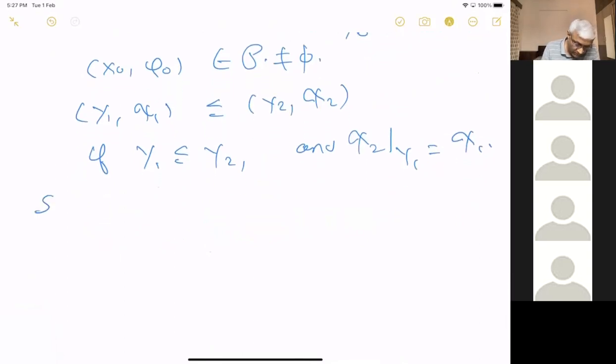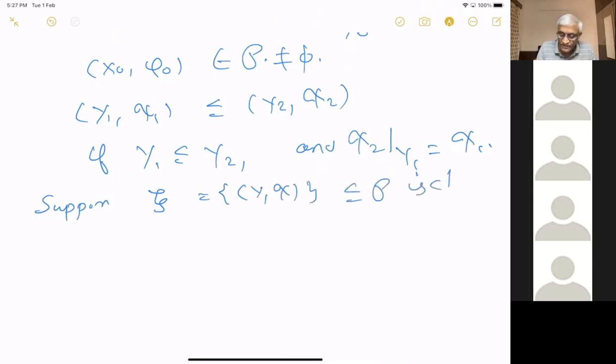So suppose C, the set of (y_i, chi_i), contained in rho, is a chain. That is, everything is related, it's a totally ordered set.